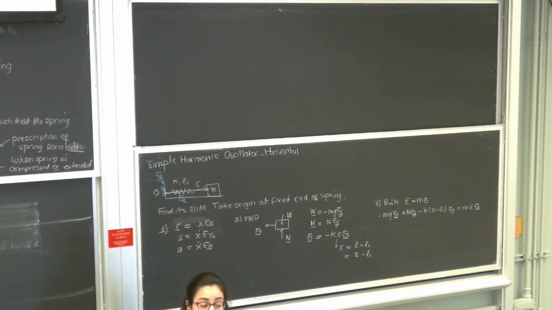Do I really need 2 coordinates to describe its motion? It's 1 coordinate. So how many differential equations am I going to get? 1. In which coordinate? x, x dot. x is a function of time. And once I've solved for x as a function of time, I basically solve for the motion of the block. And then because I have this constraint that it needs to move on a straight line, I have the constraint force. That is the normal force, right?